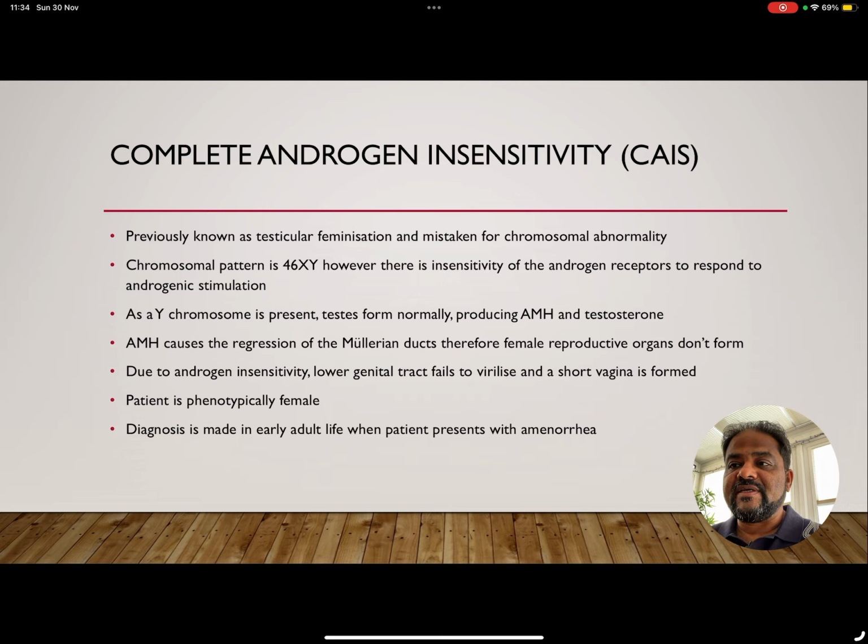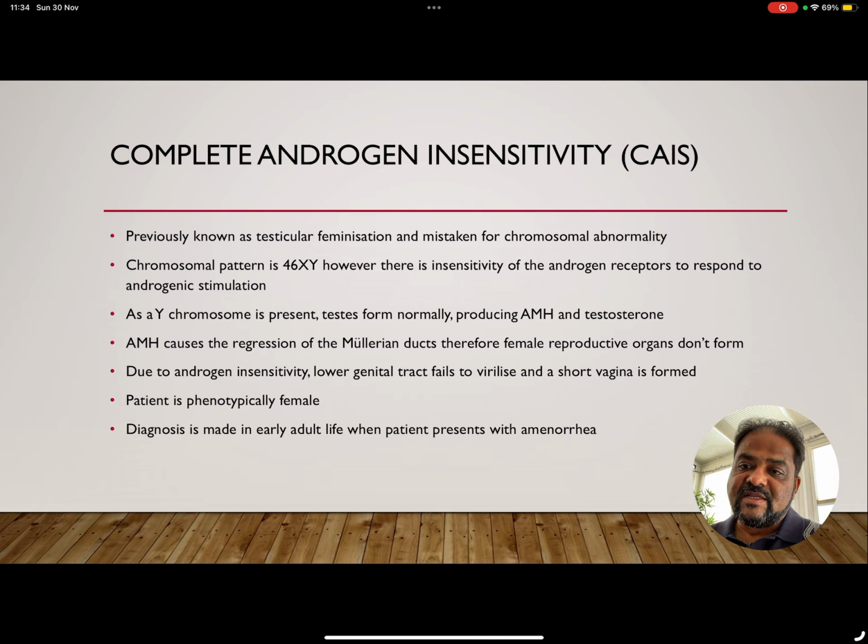Complete androgen insensitivity syndrome, previously known as testicular feminization and mistaken for a chromosomal abnormality. The chromosomal pattern is 46XY. However, there is insensitivity of the androgen receptors to respond to androgenic stimulation. As a Y chromosome is present, testes form normally, producing anti-Mullerian hormone and testosterone.